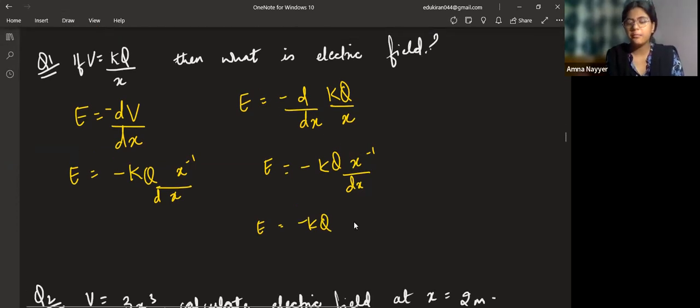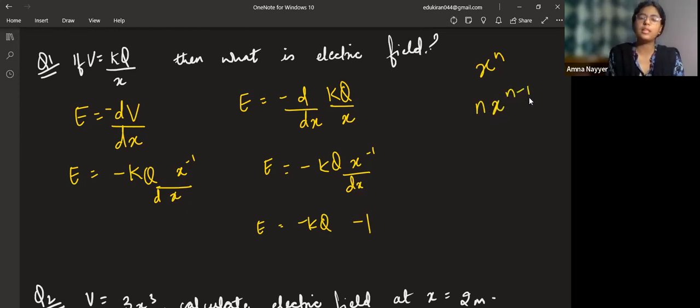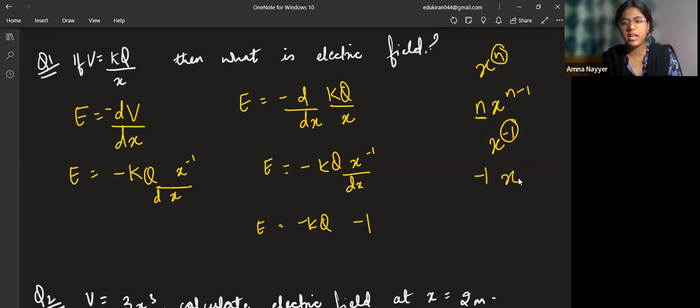Now, how to differentiate x to the power n? It is written as n x to the power n minus 1. This is the generalized formula for differentiation. Here your n is minus 1, so just substitute n equal to minus 1 in this formula.